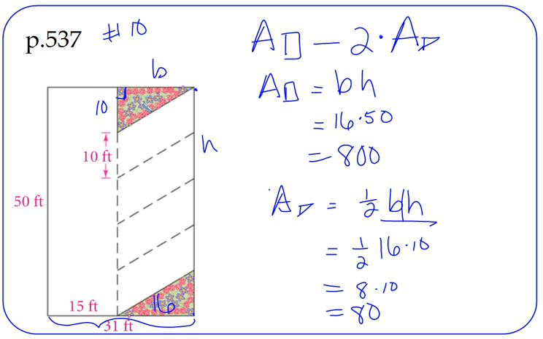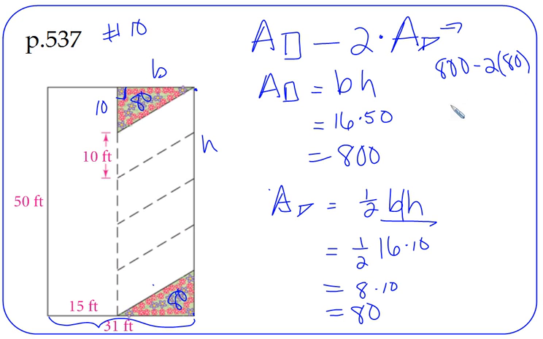So I know this triangle is 80, and since these are the same, this triangle is 80, and the whole thing is 800. So let's finish this off. So that would be the area of the rectangle minus 2 times the area of the triangle, because I have 2 triangles.